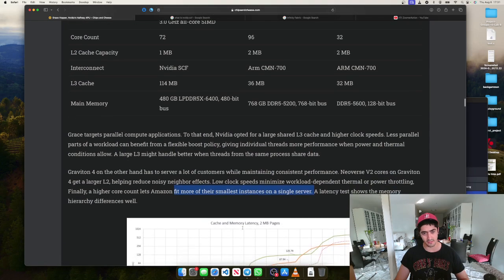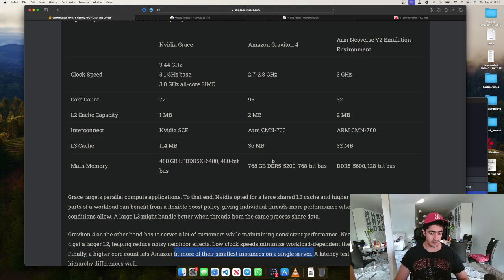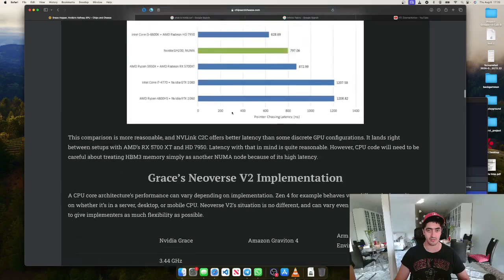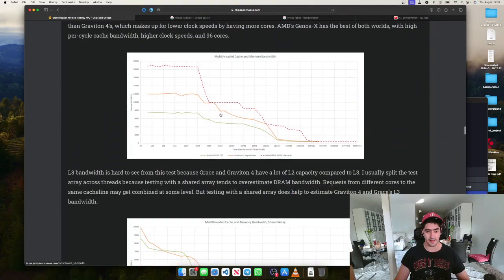The memory they are using is DDR5, it's not LP for the other guys. ARM Neoverse V2 emulation, all of that. So there's that for right now.